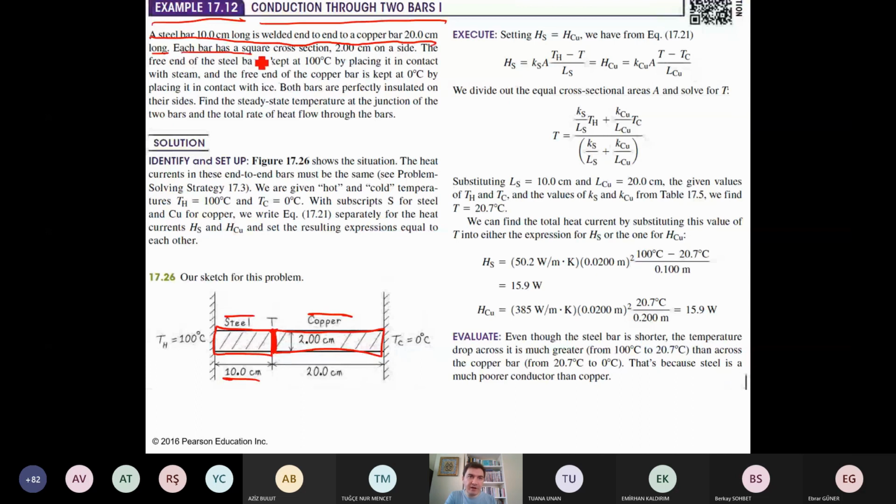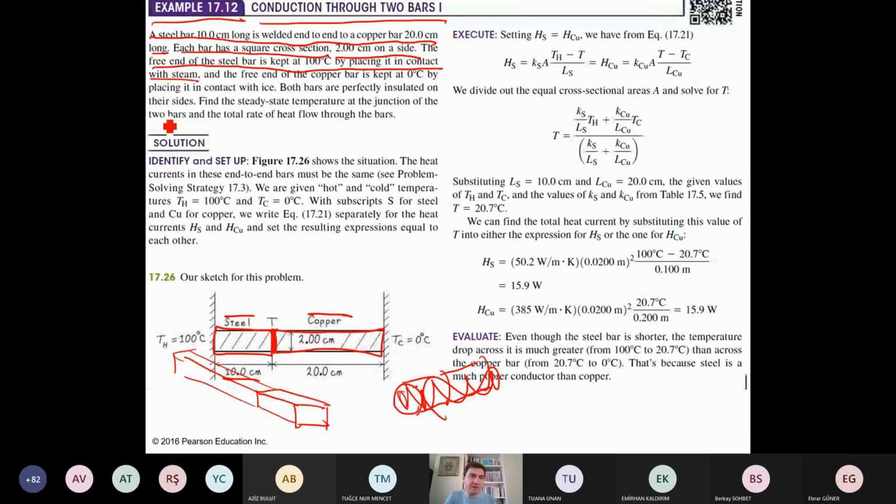Each bar has a square cross section, 2 centimeters on a side. The free end of the steel bar is kept at 100 degrees Celsius by placing it in contact with steam. So here we have steam on the left side, and this part of the steel is at 100 degrees Celsius. And the free end of the copper bar is kept at 0 degrees Celsius by placing it in contact with ice, and on the right side there is ice touching the copper, and temperature is 0 degrees Celsius.